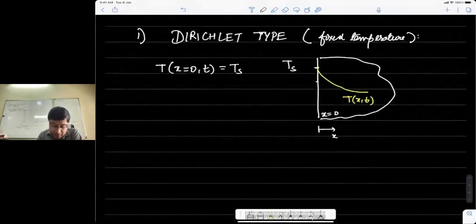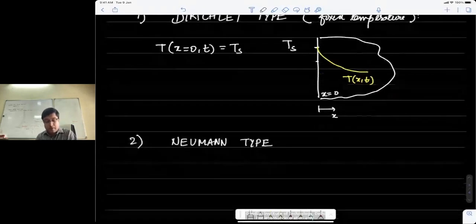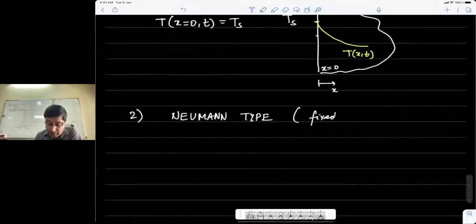The second boundary condition that we will use is a Neumann type boundary condition. A Neumann type boundary condition is one in which you are given a gradient of the dependent variable.